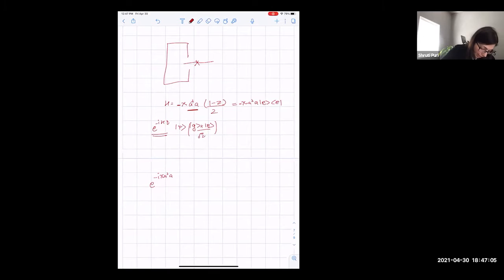So now when I expand this, do the math, you'll see that this unitary operation corresponds to, if the qubit is in g, nothing happens to the cavity, and if the qubit is in e, then I do an e to the i chi t A dagger A to the cavity.